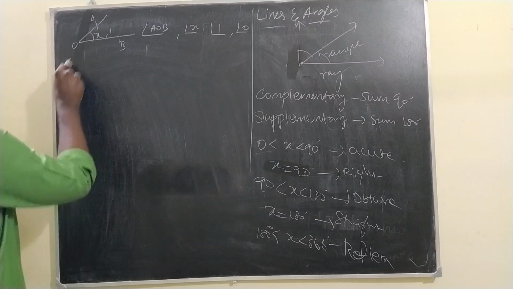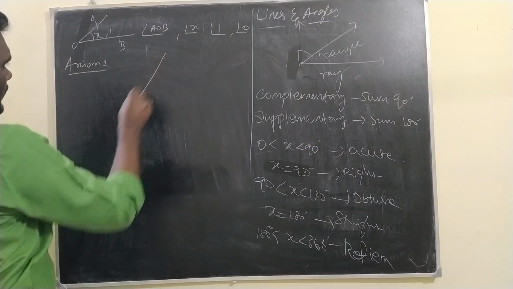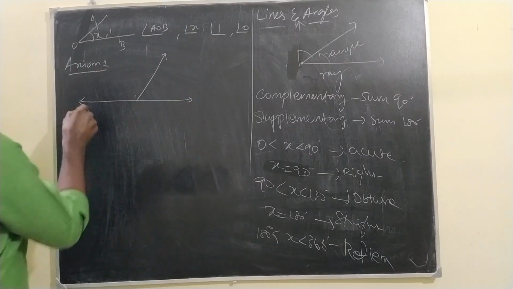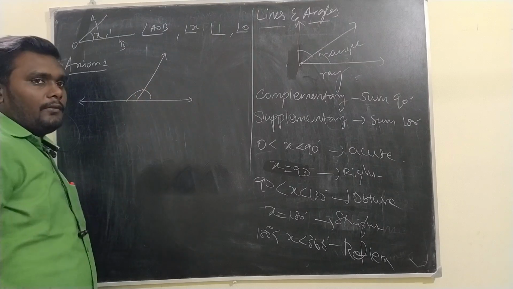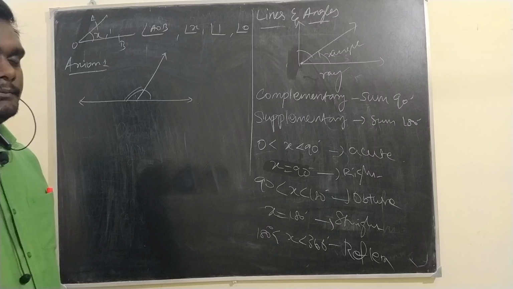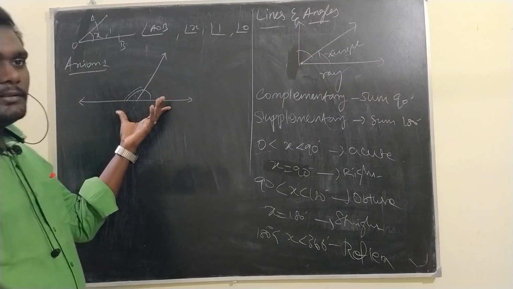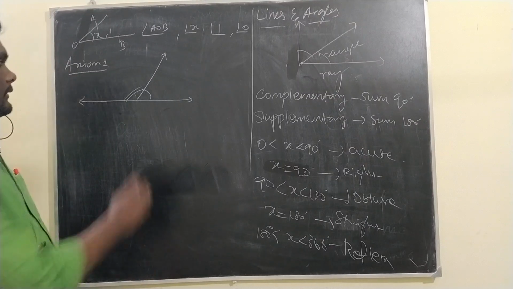Now there are two axioms. If a ray stands on a line, the adjacent angles so formed are called a linear pair. They are supplementary.